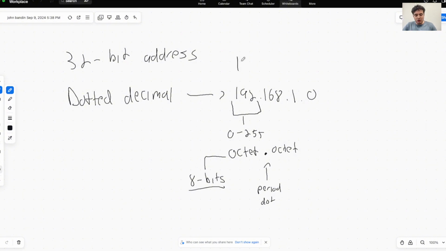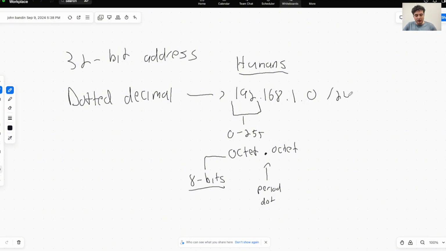So again, this is what we see as humans. We are able to read and understand this number, 192.168.1.0. Computers, though, do not talk in English or Spanish or any of our languages. They talk in ones and zeros. So this IPv4 address is made up of a total of 32 bits, 4 octets, 8 bits each of ones and zeros, binary. Now we're going to break that down in just a second.